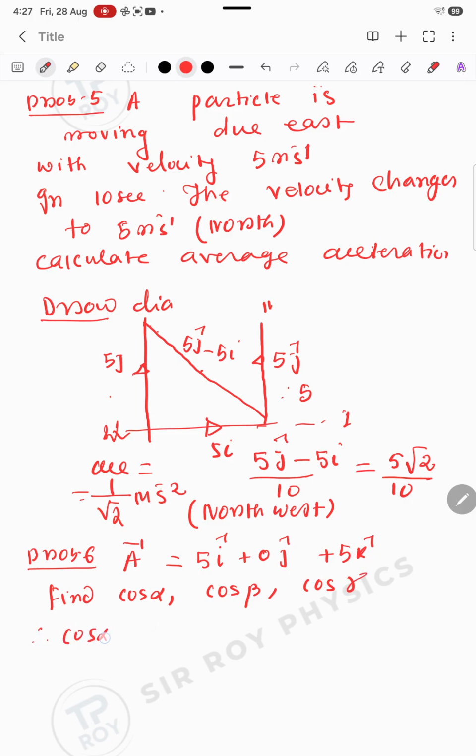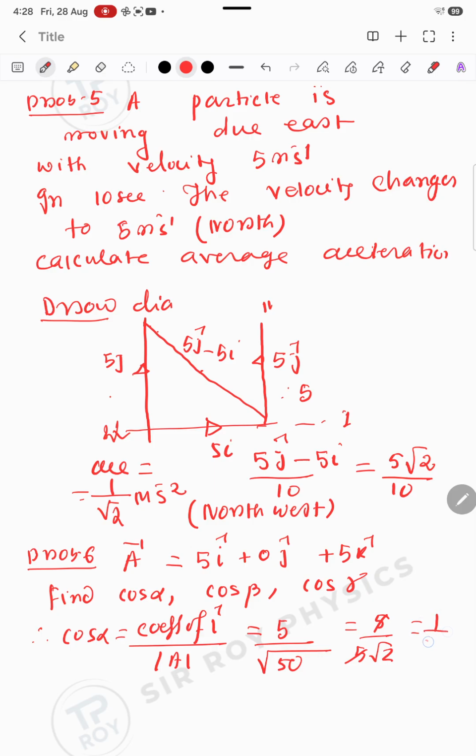Cos alpha equals coefficient of i by mod A, that is equal to 5 by root 50, that is 5 root 2, 1 by root 2. Similarly, cos beta, coefficient of j by mod A, 0 by root 50, that is 0.